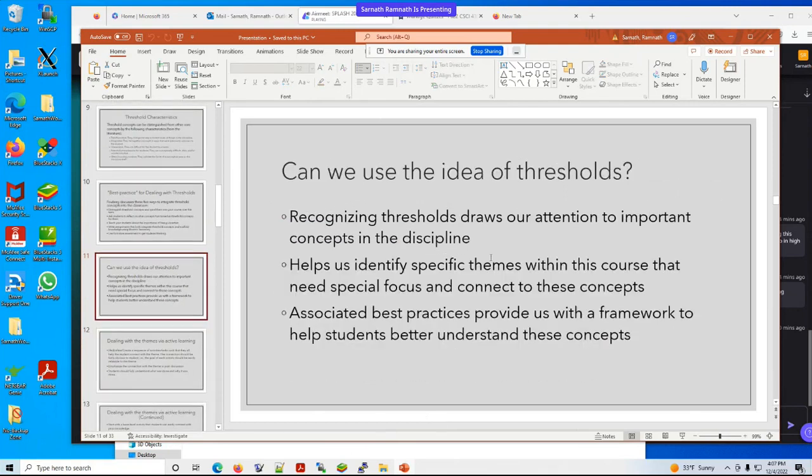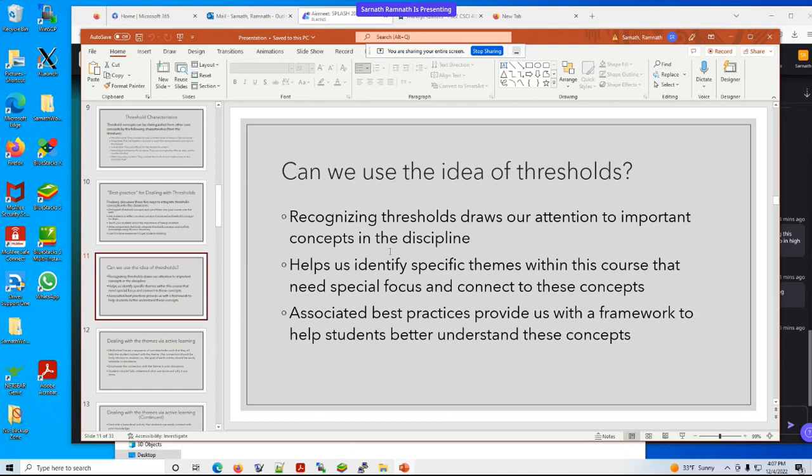So what can we do with these thresholds? We recognize the important concepts in the discipline. We can identify a specific theme within a course, okay, and then use these best practices. So there's 2 things here.